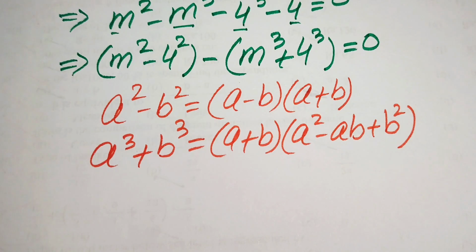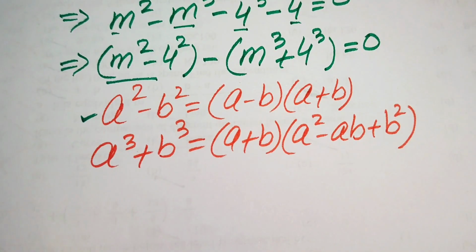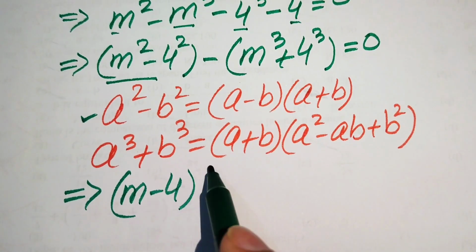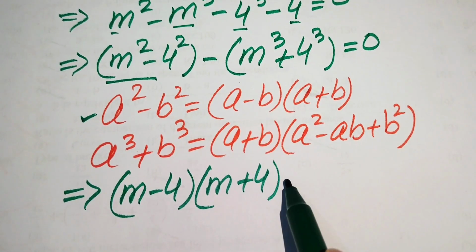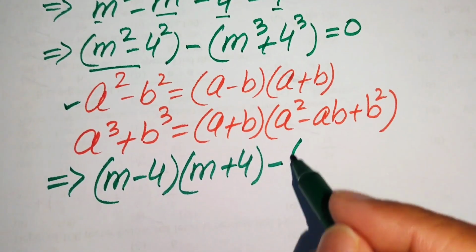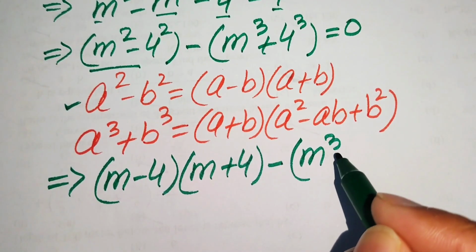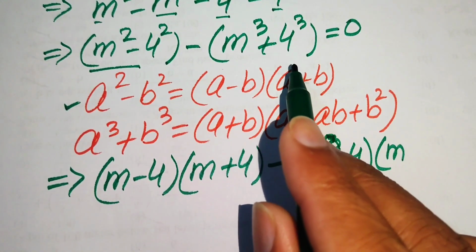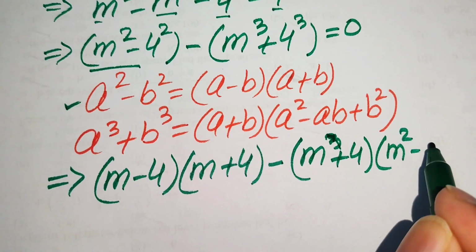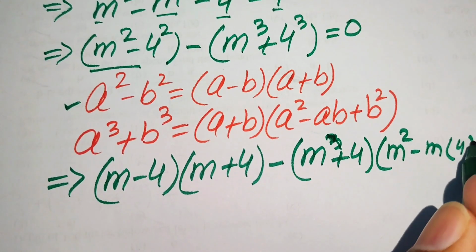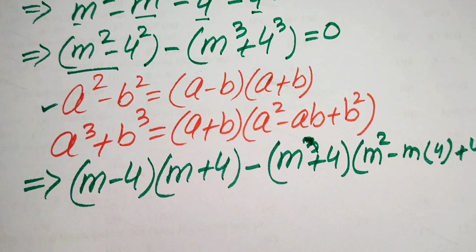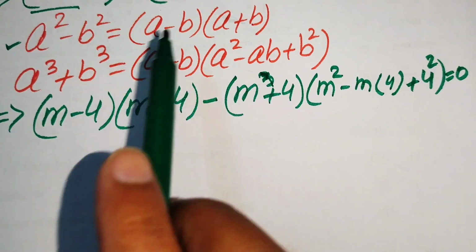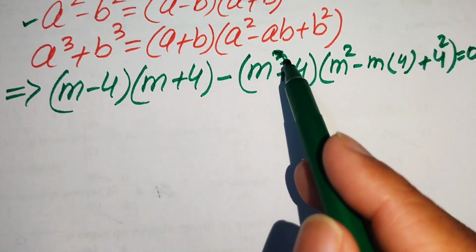First we apply this square formula on the first term. Our first term is written as (m minus 4) times (m plus 4) minus, here we apply the cubic formula, and it is written as (m plus 4) into (m² minus m times 4 plus 4²), and it equals 0.